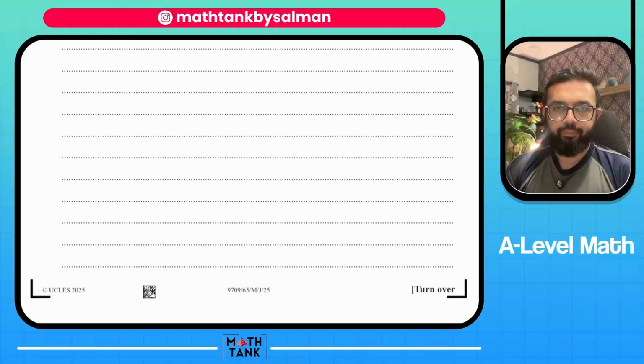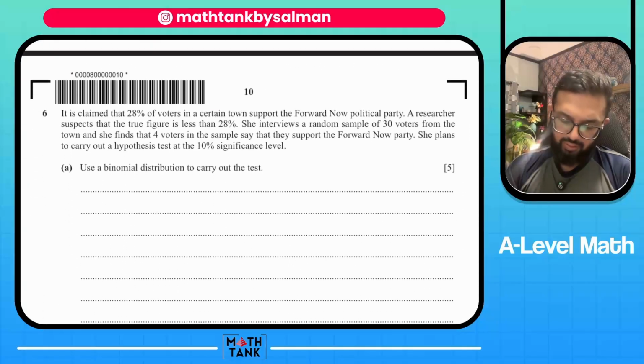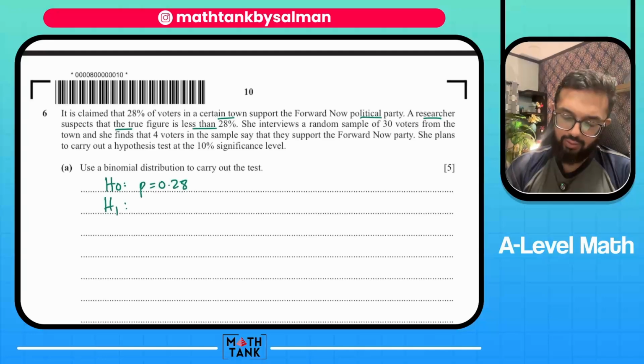Okay, moving on. Question number 6 says it is claimed that 28% of voters in a certain town vote for the Forward Now political party. A researcher suspects that the true figure is less than this. So p is 0.28, and then someone's hypothesizing that it's less than 0.28.